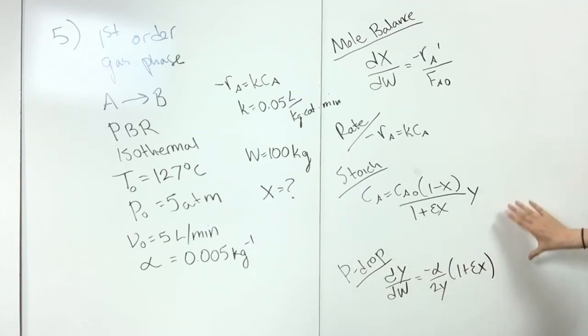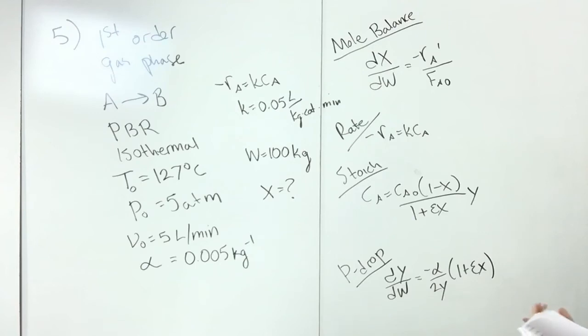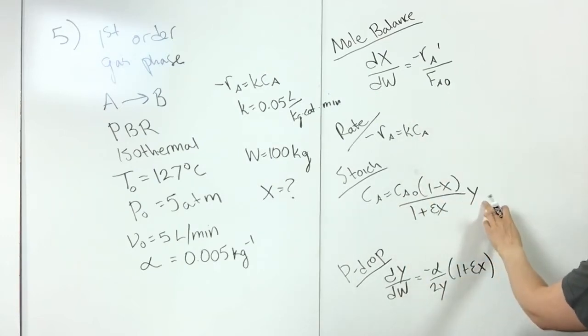And so just looking at these equations, we have two coupled ODEs, but it's asking us to solve this for x. So if we want to get an analytical solution for this, we need to solve this equation first for y and plug it into here.